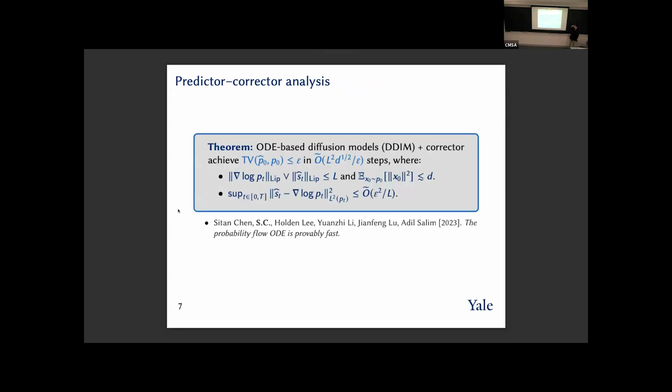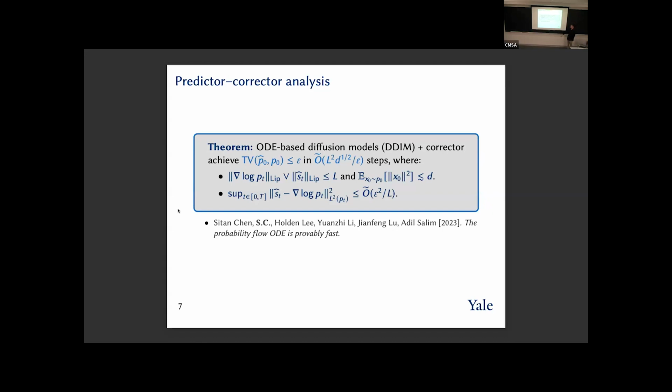So we also had this work a couple of years ago where we are able to show using this idea of corrector steps that if you do the ODE-based discretization, then, okay, so the assumptions are also worse than before because now we need Lipschitz control on the score function and also your estimated score.